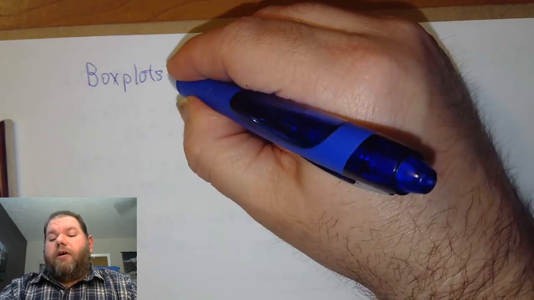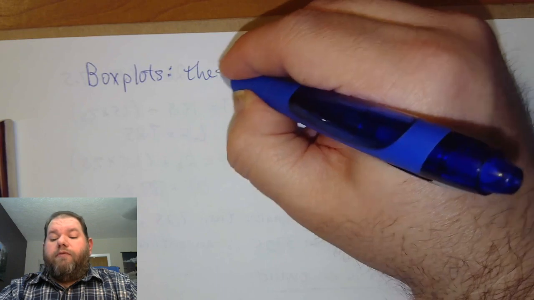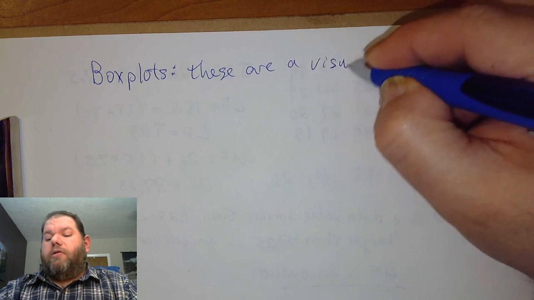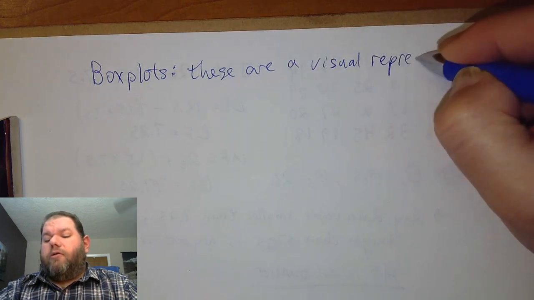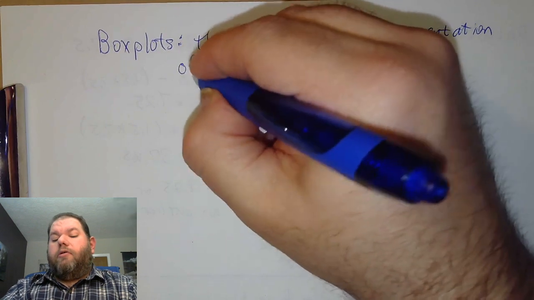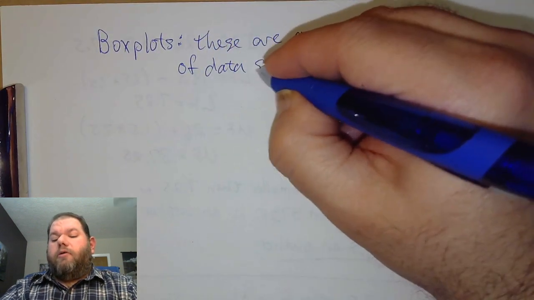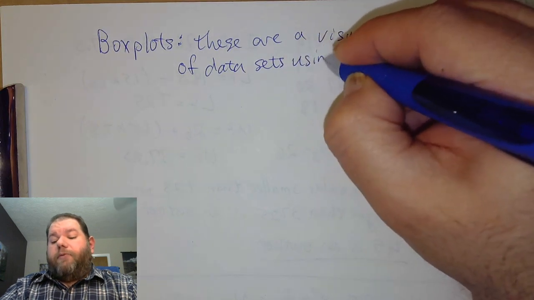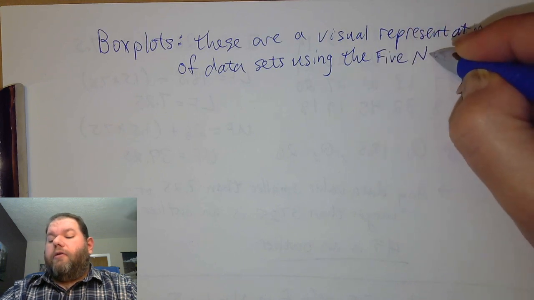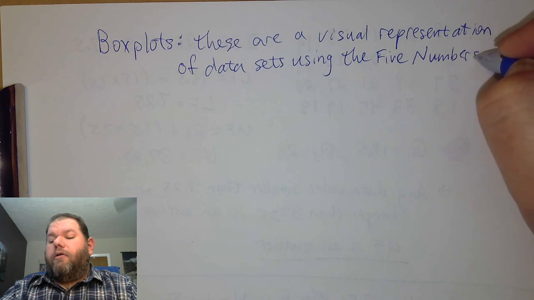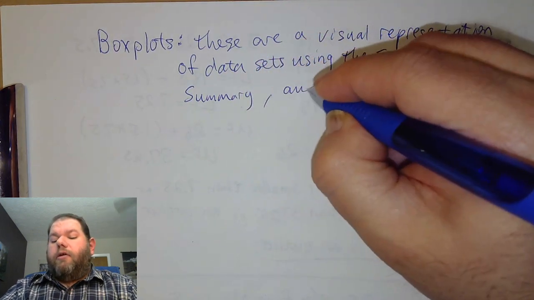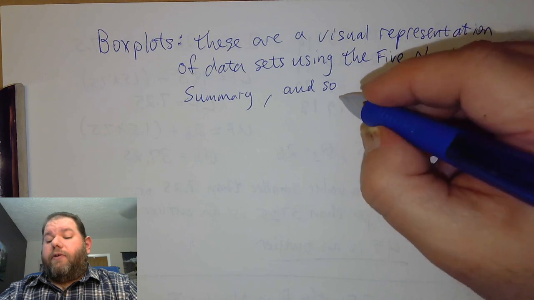So box plots are a visual representation of data sets, using the 5-number summary, and sometimes using the fences and outliers.